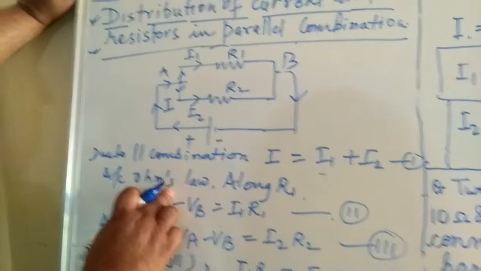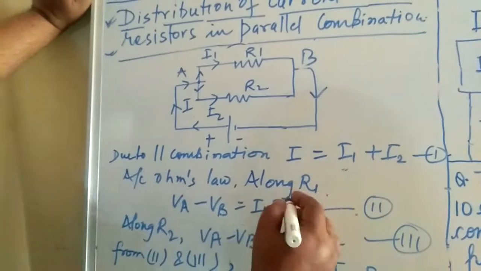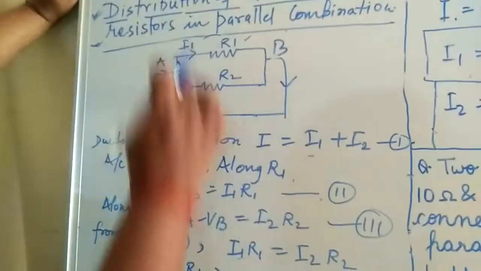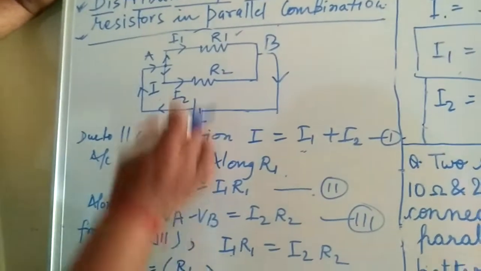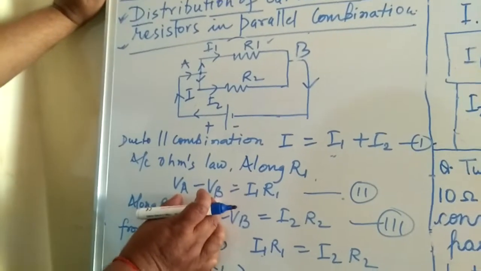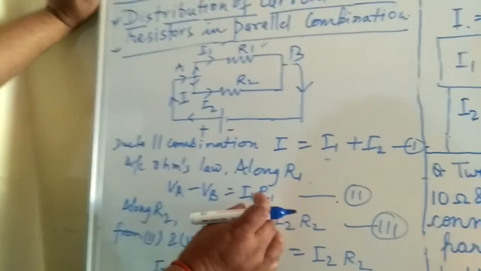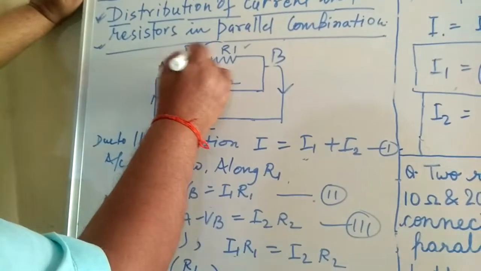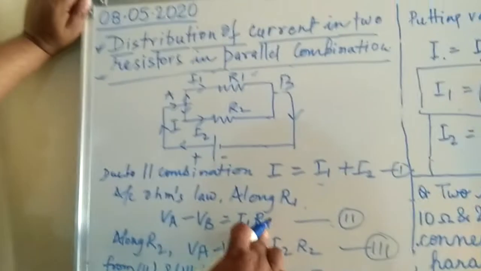Now according to Ohm's law, along R1, the potential V is equal to IR. So here is V, and in place of IR we put I1 and R1.